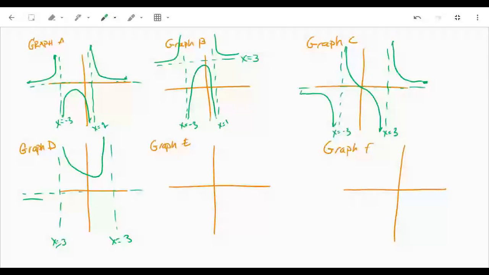E, we got -3 and 3, and the x-axis. E is similar to C, but it goes this way instead.